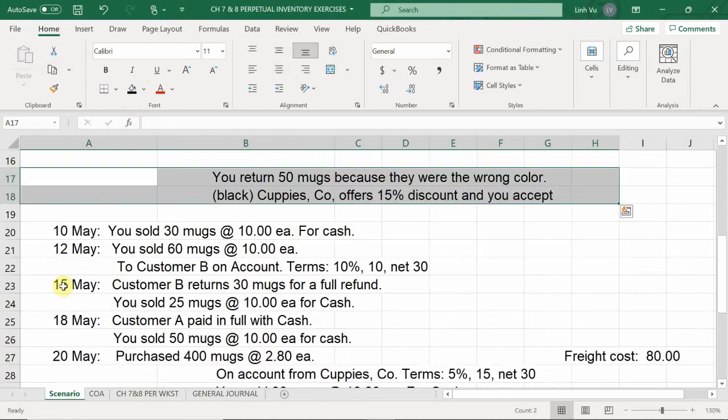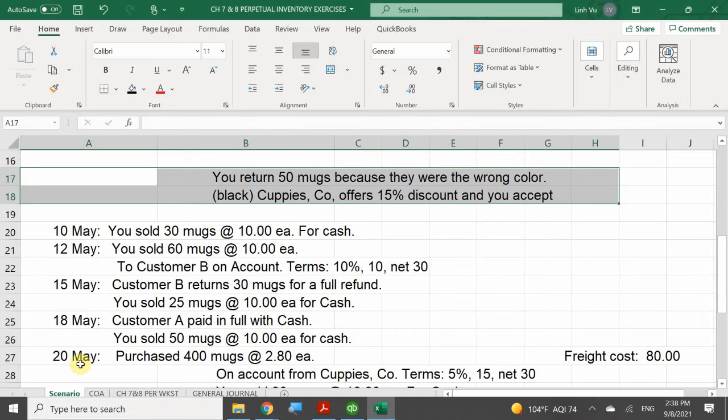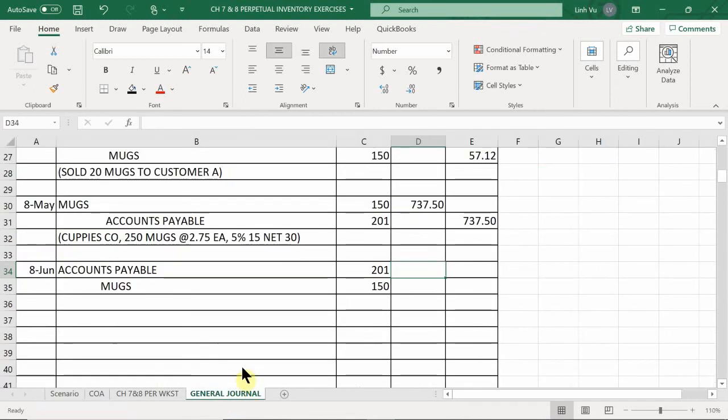So then let's see what happened next here. On May 10, you sold 30 mugs at $10 each for cash. Okay, so we sold 30 mugs, $10 each for cash.